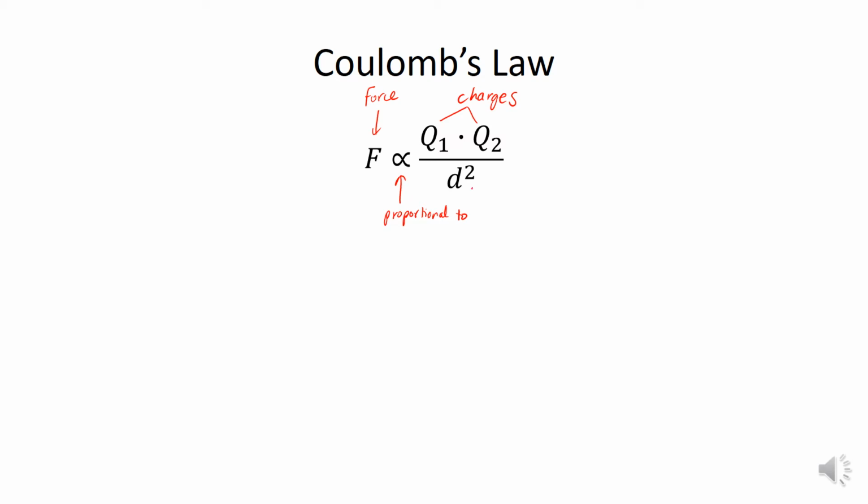And underneath we have the distance between the two charges. Okay, and you can see, because we're dividing by distance, if the distance gets much bigger, well then the force gets much smaller. They're inversely proportional. It gets weaker. If they're further apart, they can't feel the force of one another so well.